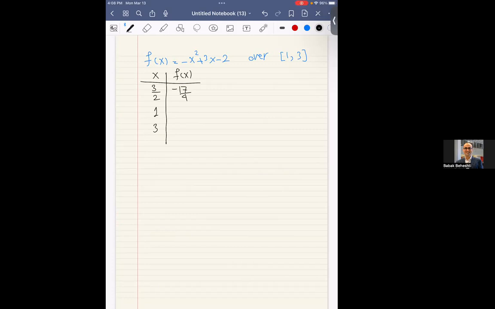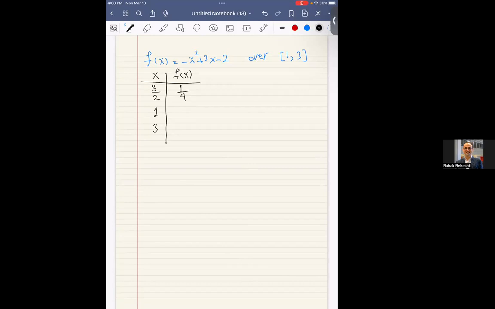Minus 9 over 4 plus 9 over 2 is 9 over 4. Then 9 over 4 minus 2, that is 9 over 4 minus 8 over 4, is 1 over 4. So f of 3 over 2 is 1 over 4.